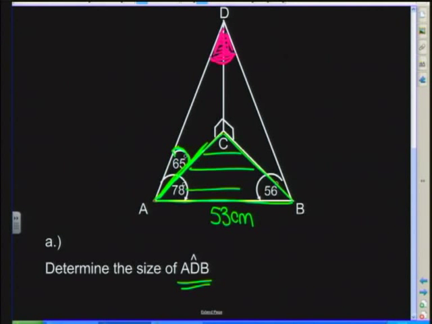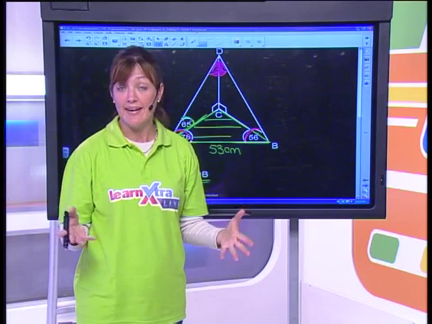Well, let's consider the triangle ADB, the big triangle at the front surface of that three-dimensional figure over here. We know that that whole angle is 78 degrees, and we know that this whole angle is 56 degrees. So wouldn't angle D then be the third angle in that triangle? Yes, it would.